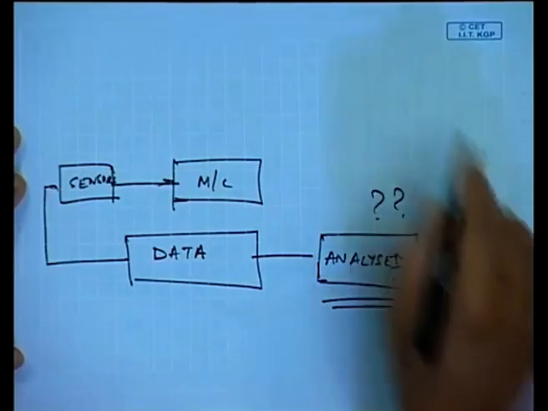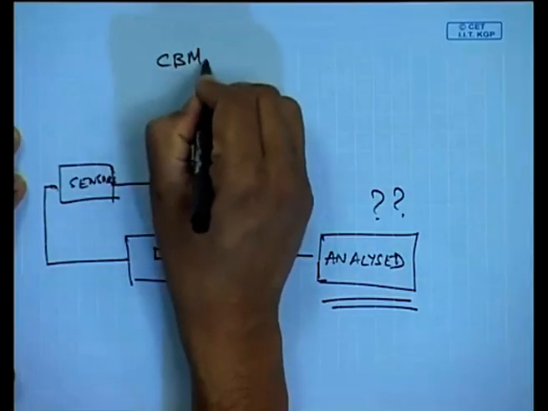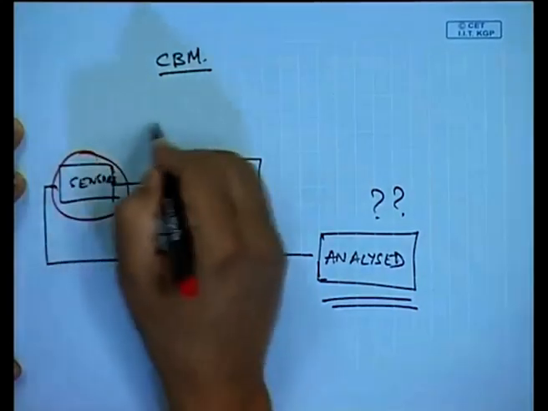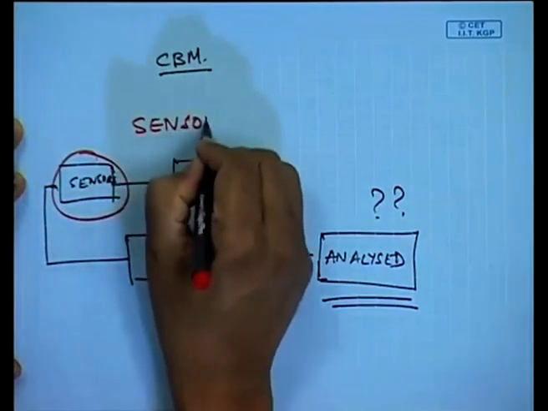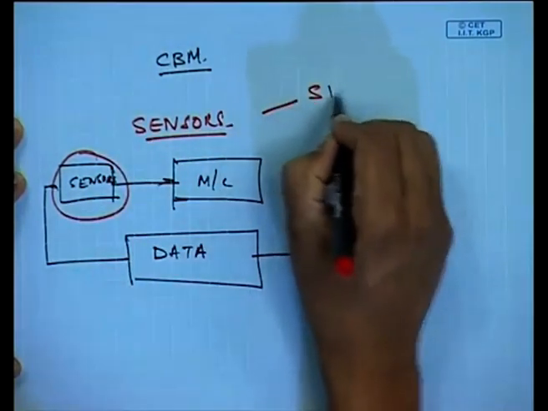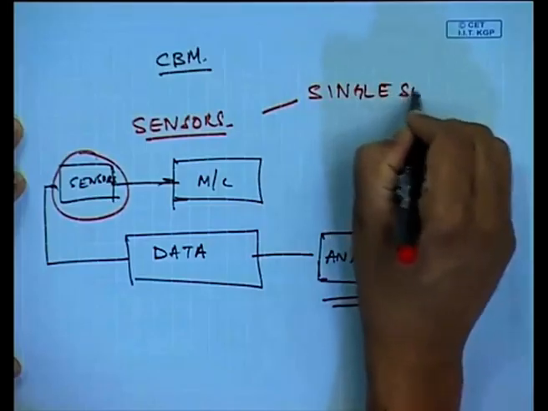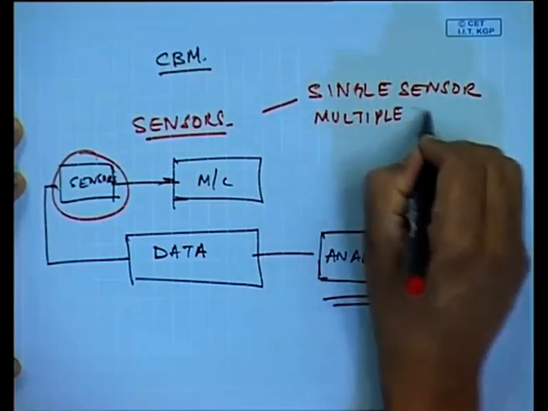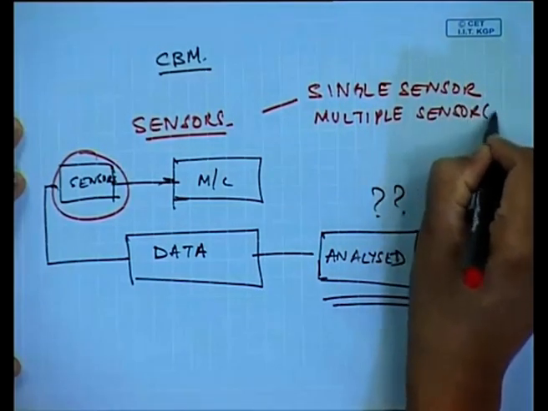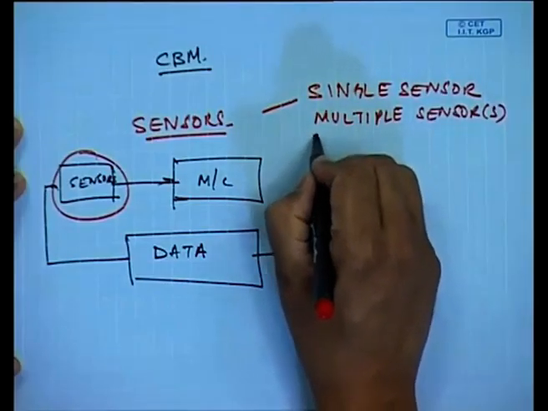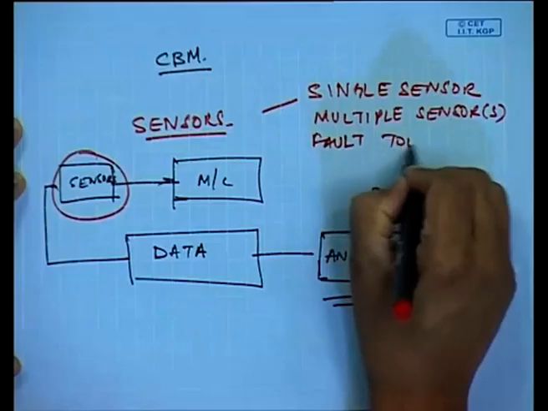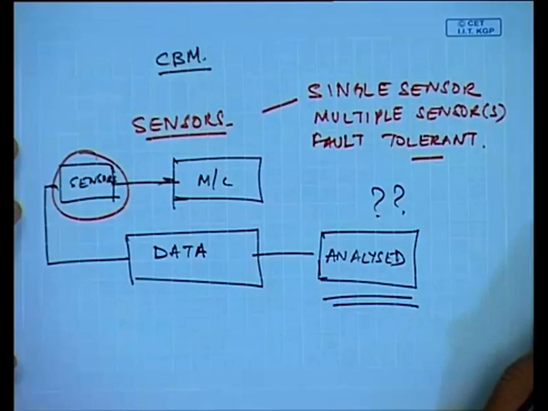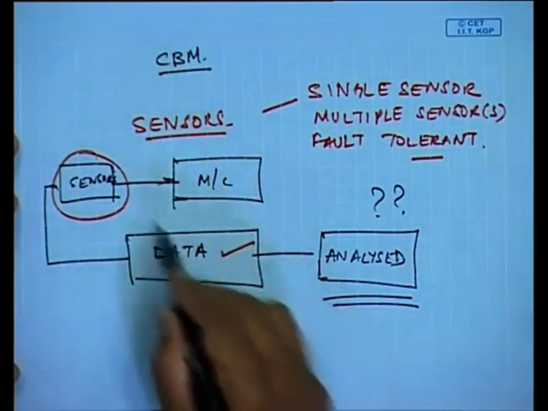But in modern day CBM, the trend is towards questions like whether I can do with a single sensor, whether I should have multiple sensors, whether the sensors are fault tolerant, etc. Because everything in CBM depends on the data collected by the sensor.